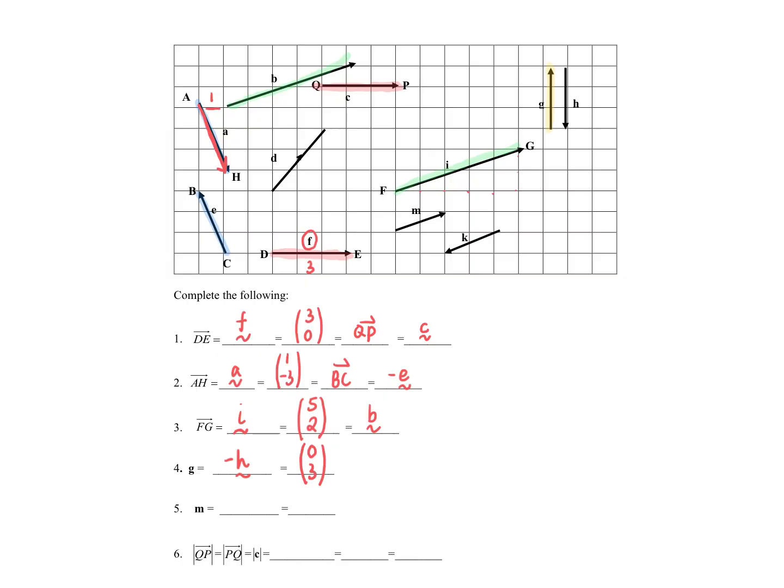Okay, last one is M. M is this one. So we can say it is negative K with the curly tail. And then what is the column matrix that represents M?